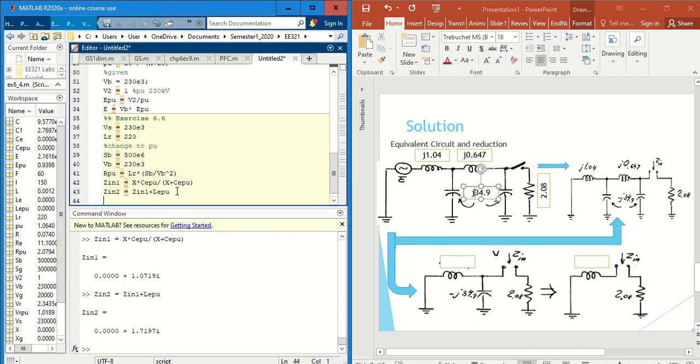So once we get that, we will again add Z in parallel to this capacitor. So we're going to say Z in 3 is equal to Z in 2 multiplied by CE per unit, divided by Z in 2 plus CE per unit.